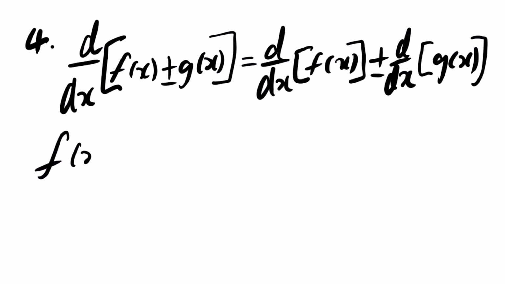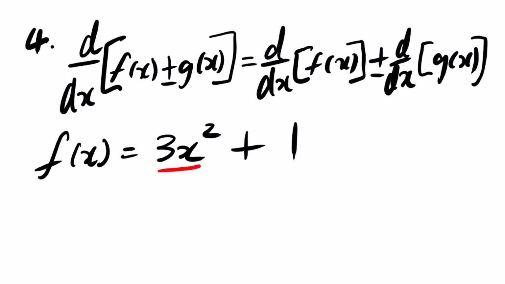Now suppose we have this function 3x squared plus 1. Now you consider this as our f, this as our g.